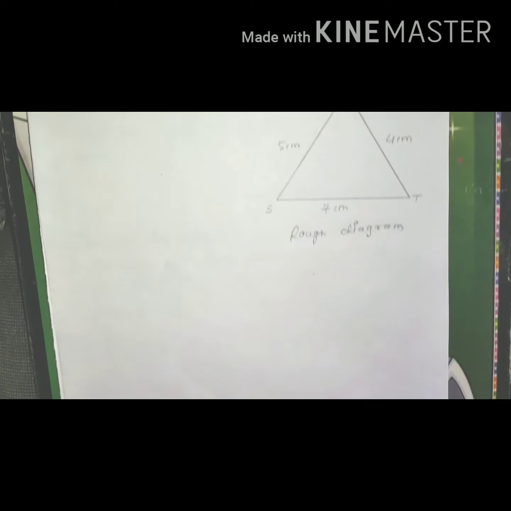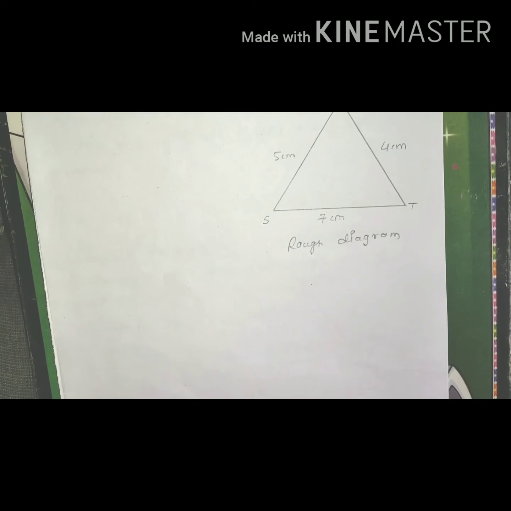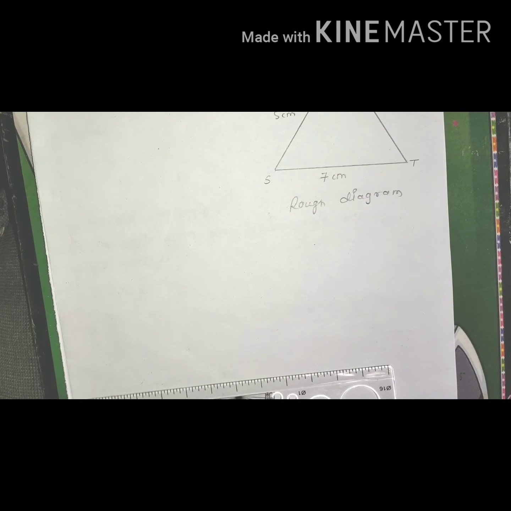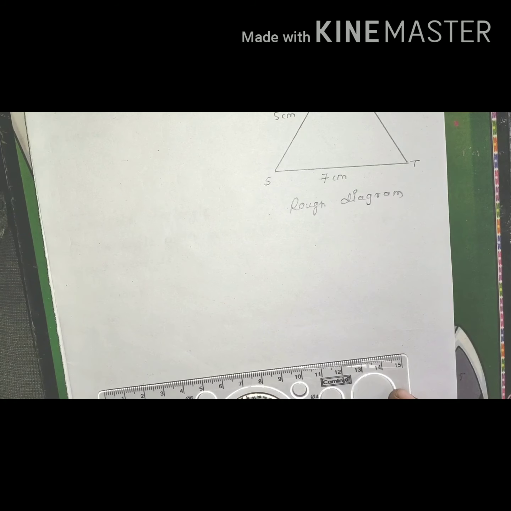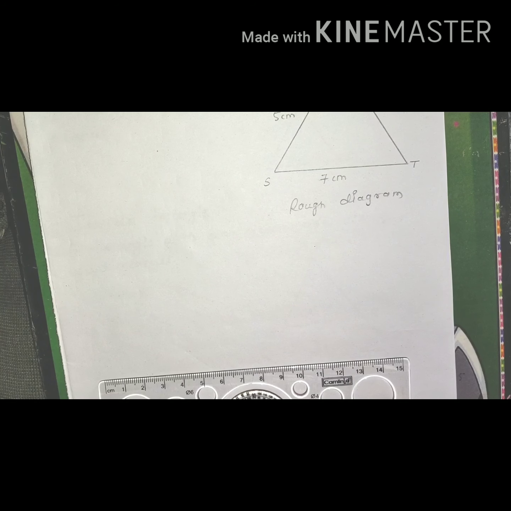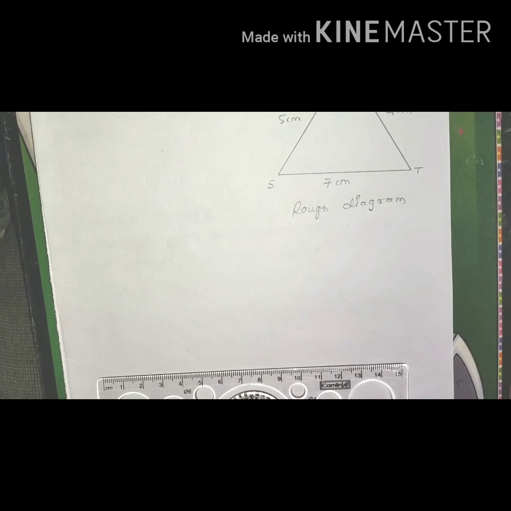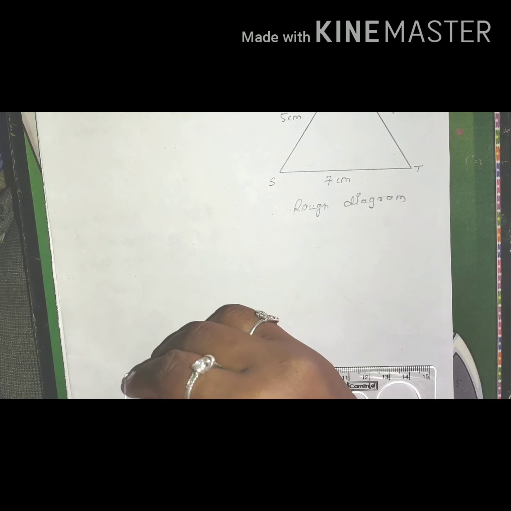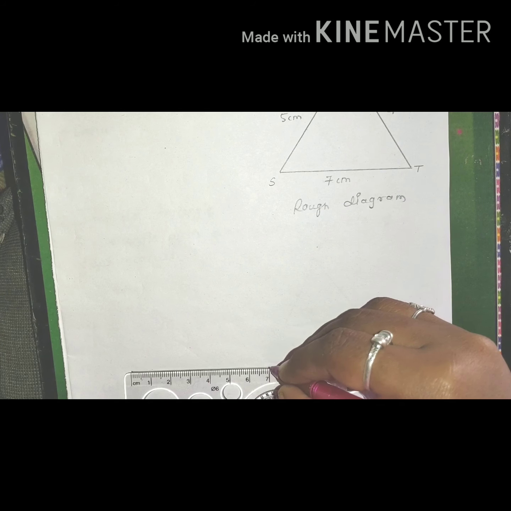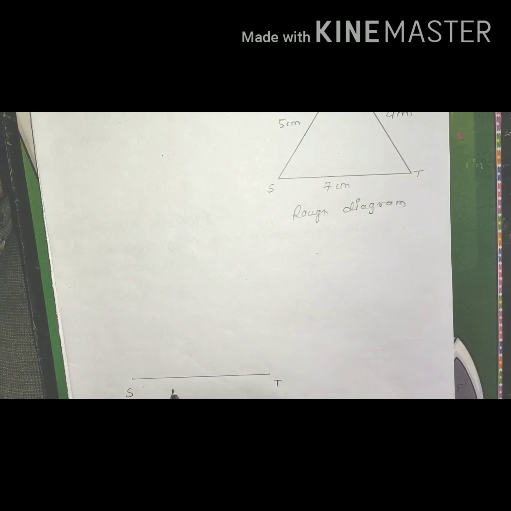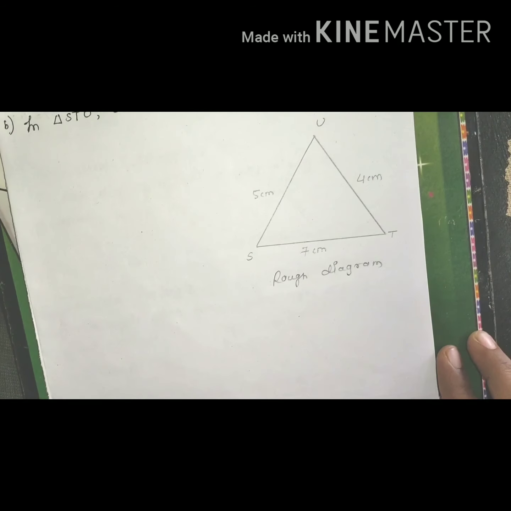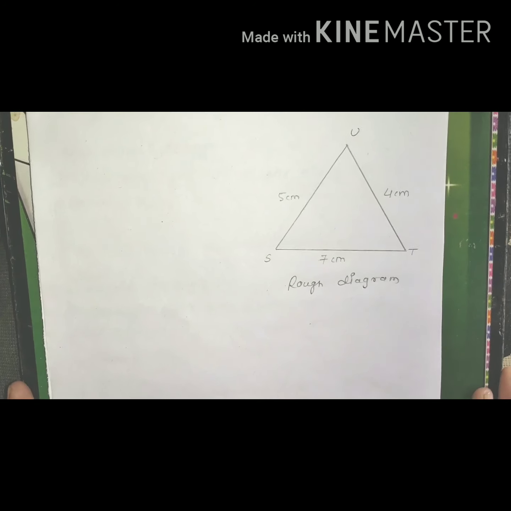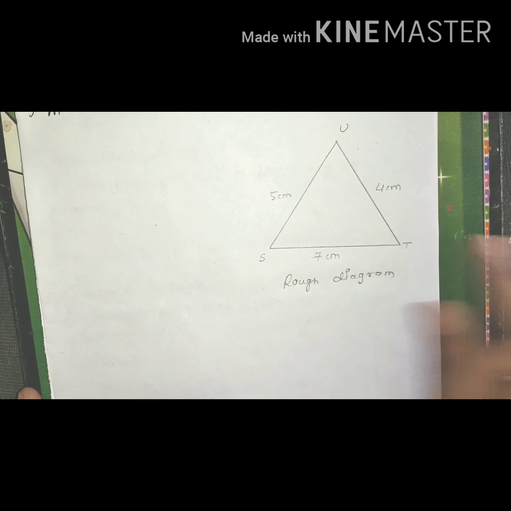Second step, draw a base which is given as 7 centimeter. So take a scale. In that scale, take a distance of 7 centimeter. Name it as ST, 7 centimeter. Next, segment UT, which is of length 4 centimeter.